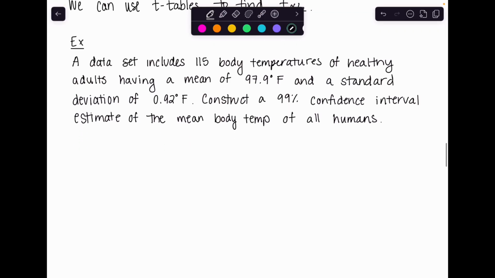So here, my value of n is 115. That's definitely greater than 30, which is fantastic. And we know that body temperatures are normally distributed, so I'm able to use this process. But in this case, our actual sigma is unknown.